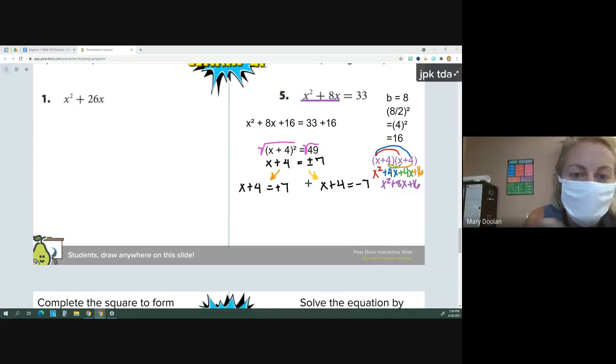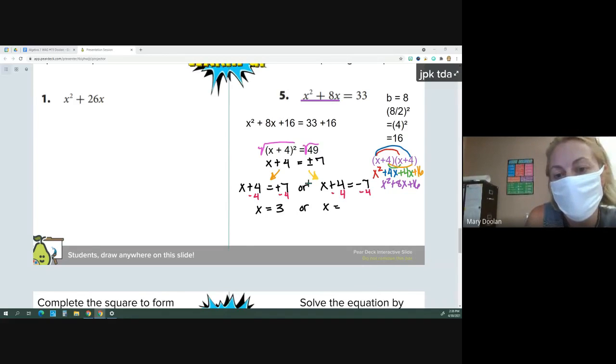So it's one of these values of x. That's the solution. We're going to solve each equation using inverse operations. Subtract 4 from both sides. And so x equals 3, or x equals negative 11.